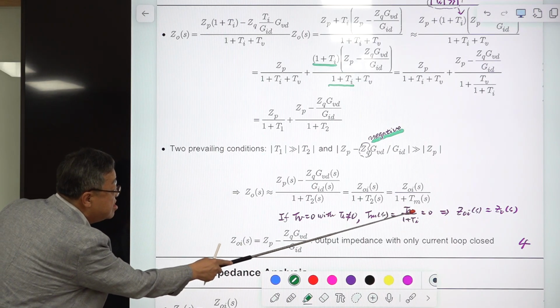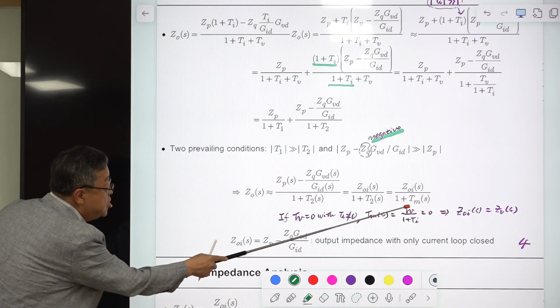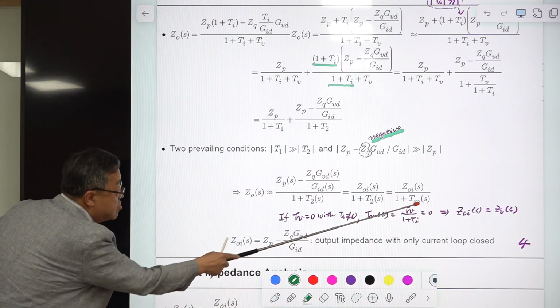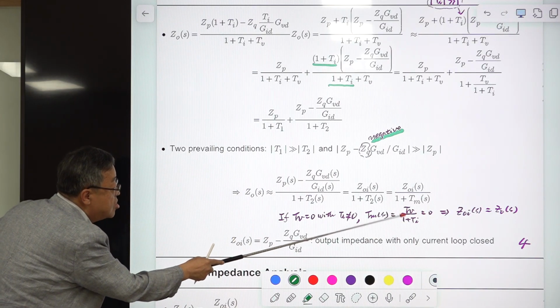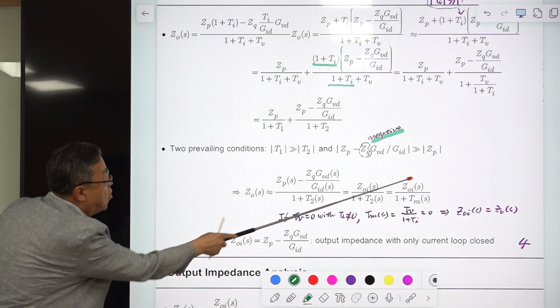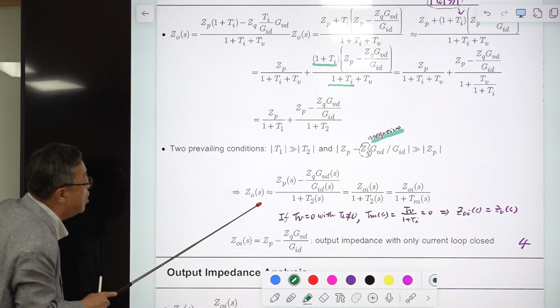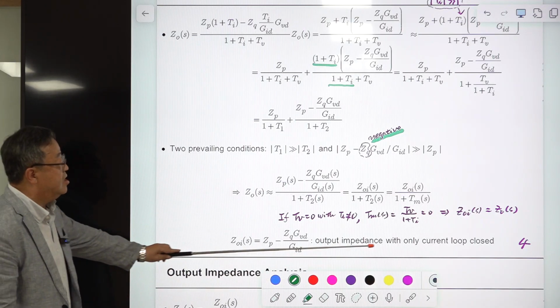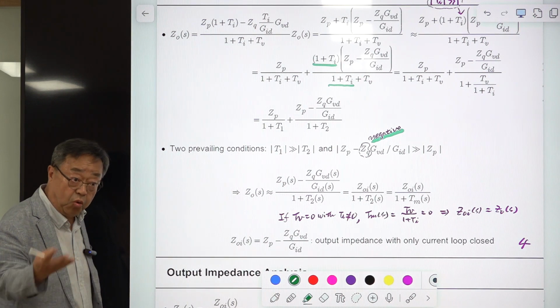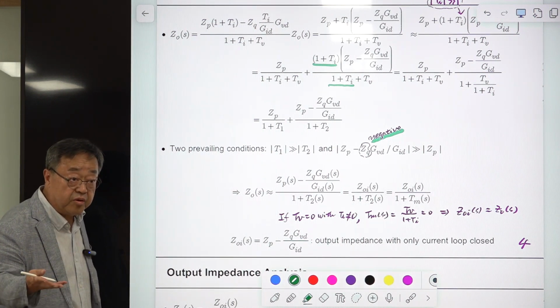Assume TB is 0, the voltage loop is broken, and the current loop is valid. Then this one becomes 0. Then this GOI is the same as GOS. That means GOI is the output impedance evaluated with only the current loop closed. The voltage loop is open.